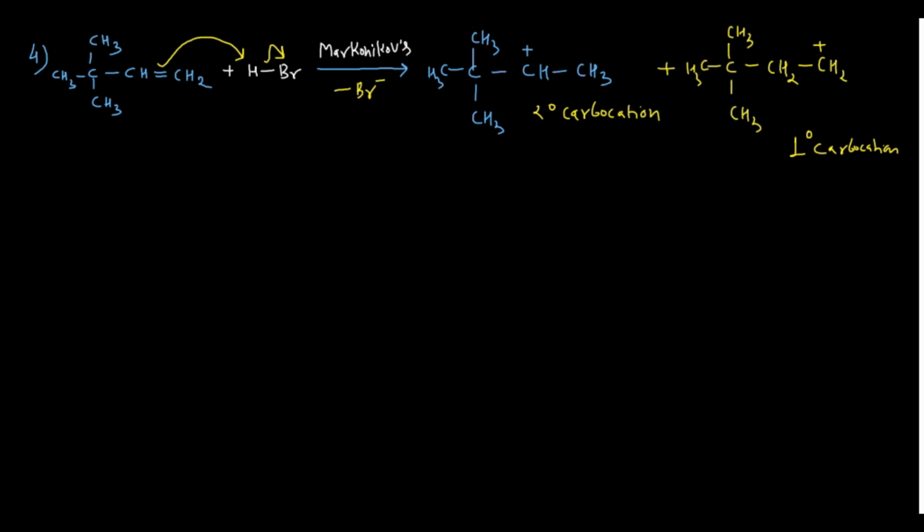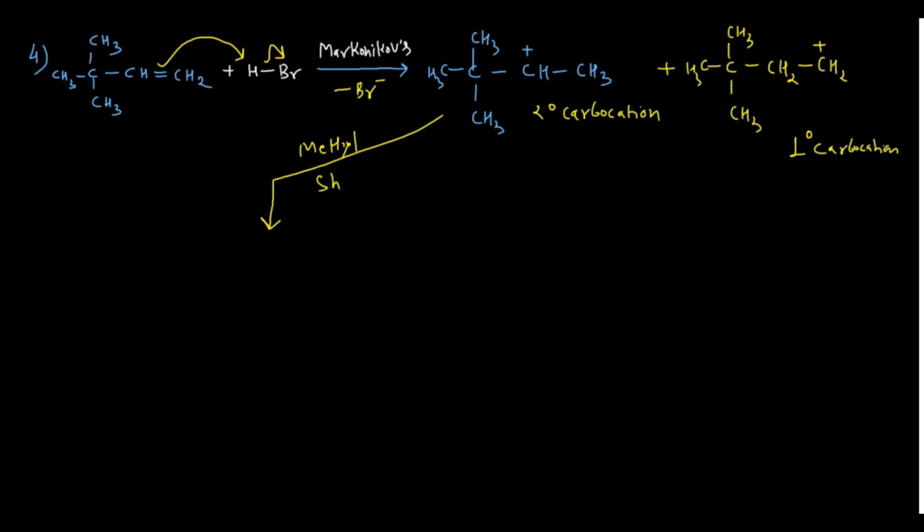So what can happen in that case? A very, very important feature is here. You can see this particular feature. What kind of shifts are there? For this one, I am doing the methyl shift.